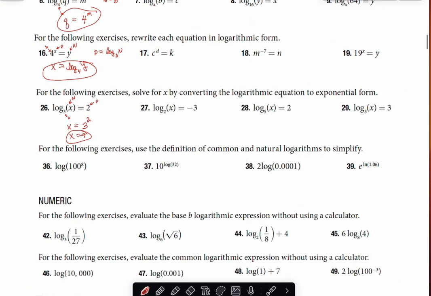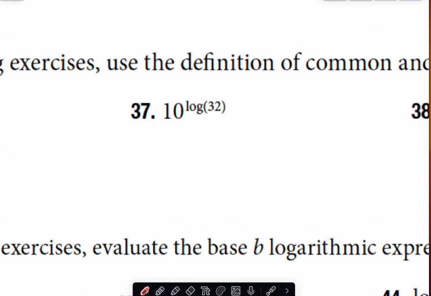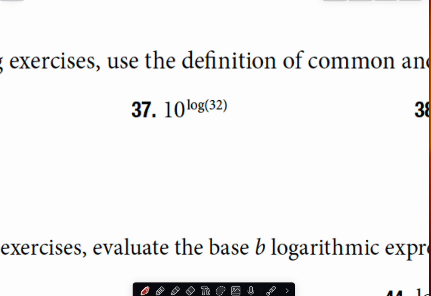Now, for 36 through 39, you're using either a base 10 or a base e. I want to do the weirder ones. So let's do 37 and 39. For 37, if we do not see a base, remember that's a base 10. And when you have a base of 10 and a log in the power, they cancel out.